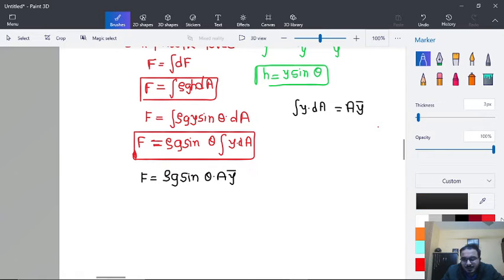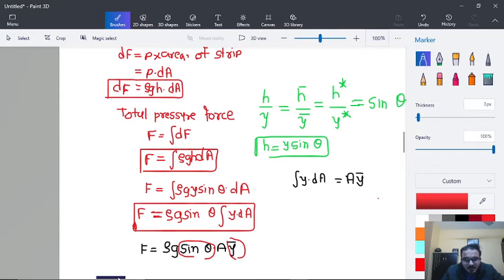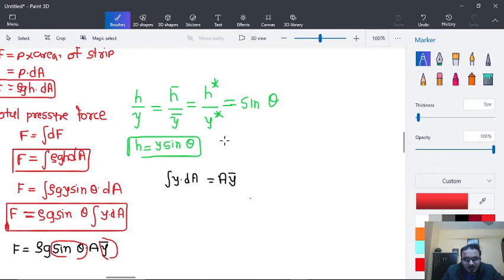And if you see here, we are having y bar and sin theta. So in this similarity, we can write down h bar is equal to y bar sin theta. So this and this are correct.